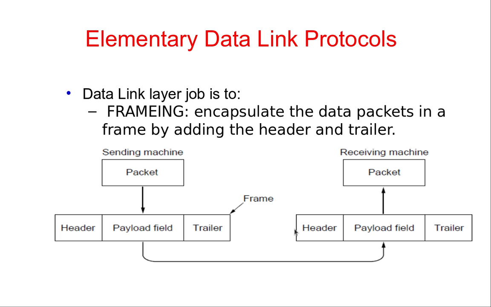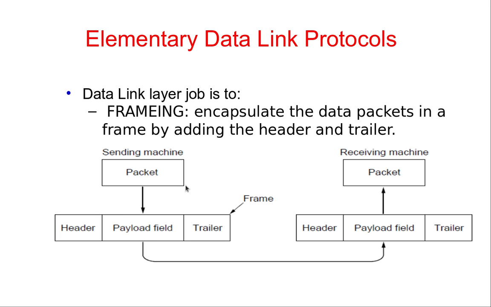We have already seen that to implement all those functionalities, the data link layer first does what is called framing, where the packets which are received from the network layer will be encapsulated into a frame by appending a header and a trailer to the packet.